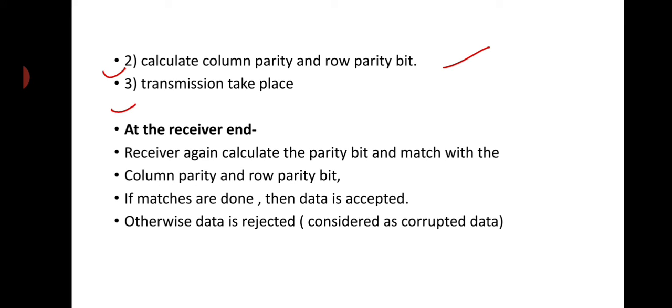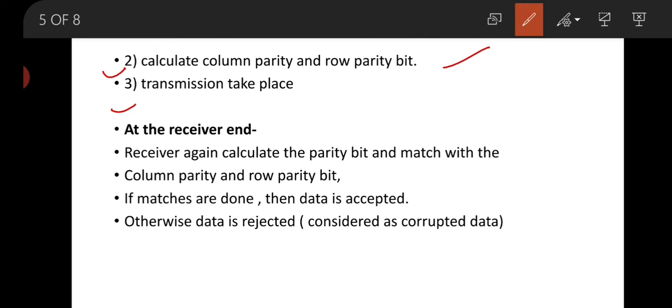Now transmission takes place. When the sender transmits the data, at the receiver end, the receiver again calculates the parity bits and matches them with the column parity and row parity. The receiver calculates the row parity bit and column parity bit. The row parity bit will be matched with the row parity and the column parity bit is matched with the column parity bit.